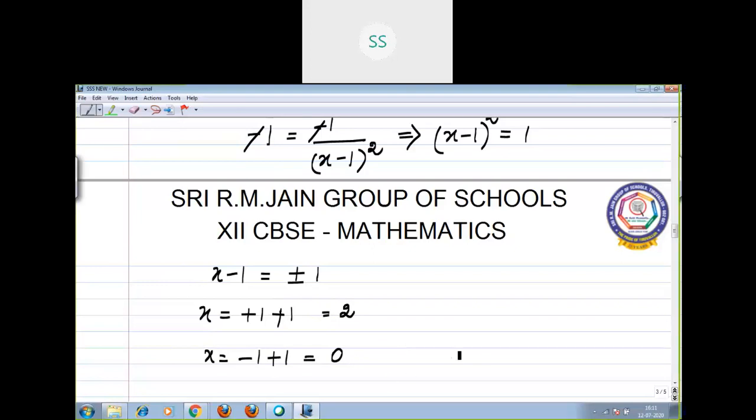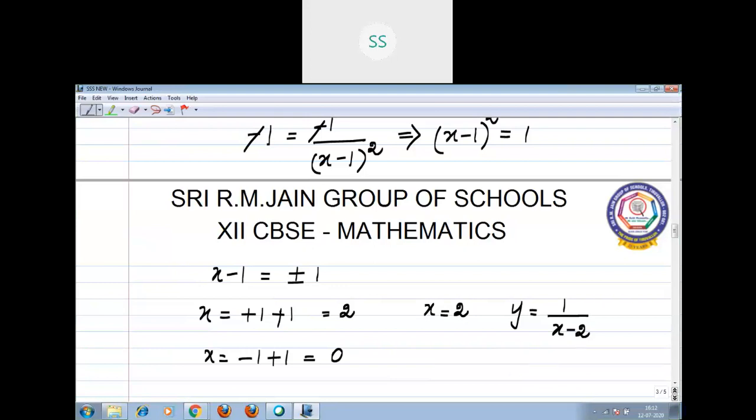Now we are going to substitute x is equal to 2 in the given equation. When you substitute x is equal to 2, y is equal to 1 by x minus 1 only, no?